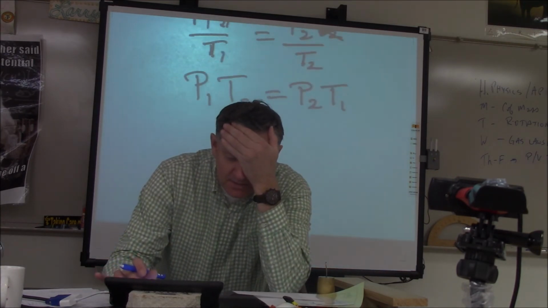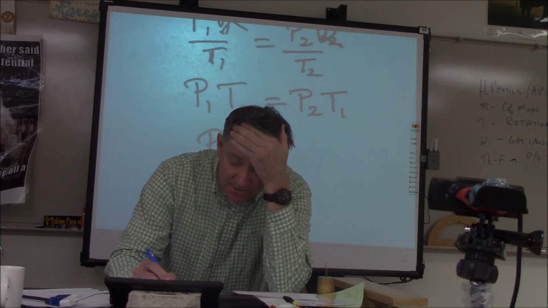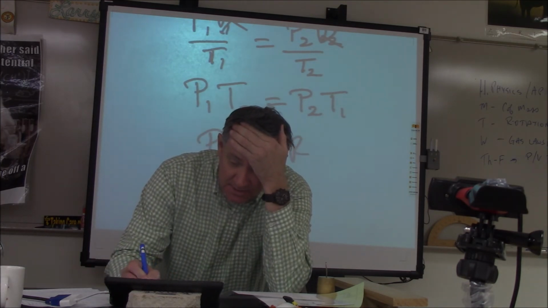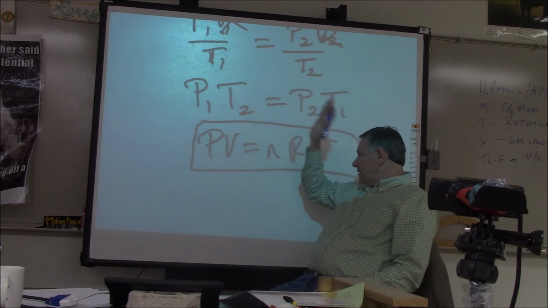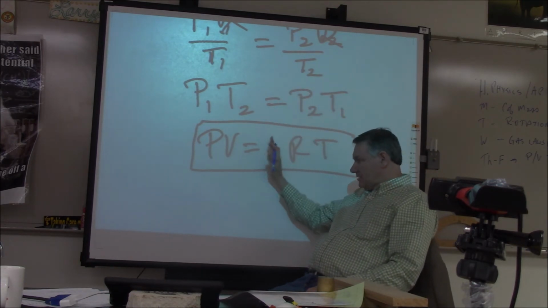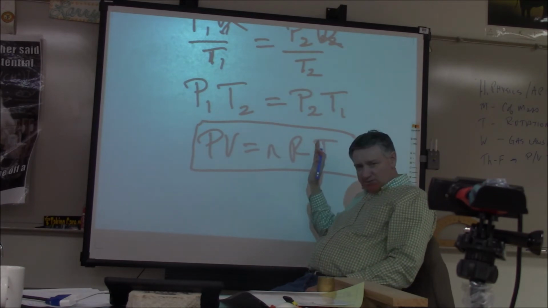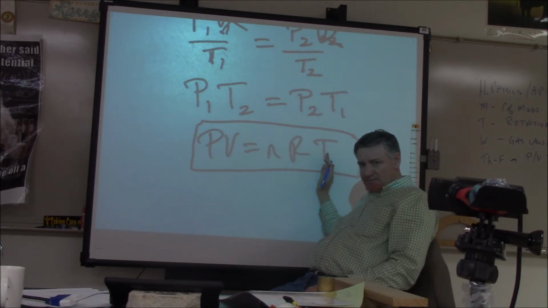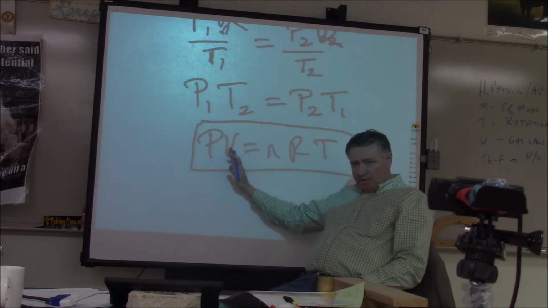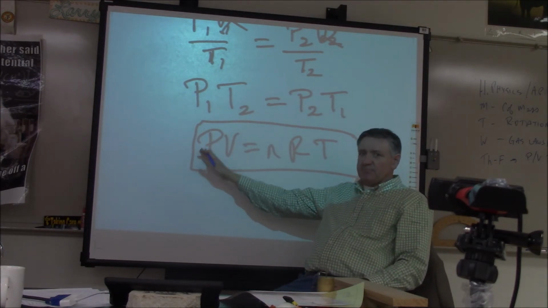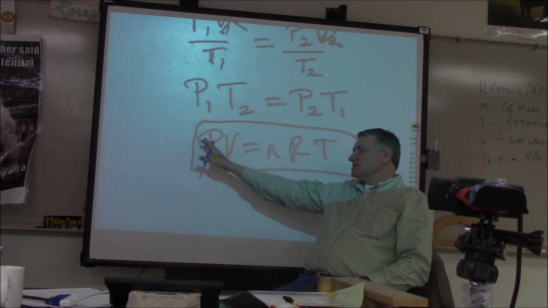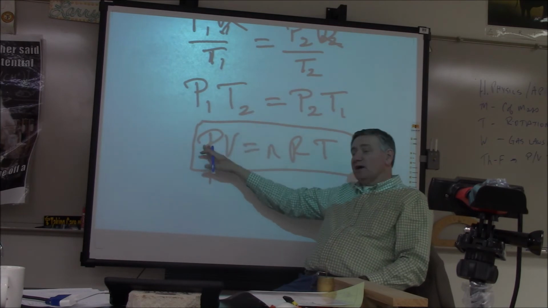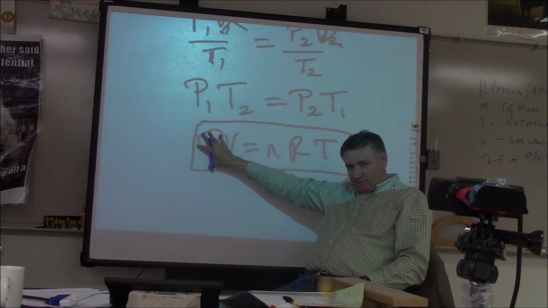If you're going to use the actual PV equals nRT, and when in doubt, go to a default setting: this n has to be in moles, this R is joules per mole Kelvin, this temperature has to be in Kelvin, this volume has to be in cubic meters, and that pressure has to be in pascals. So you cannot go wrong if you convert this into pascals.